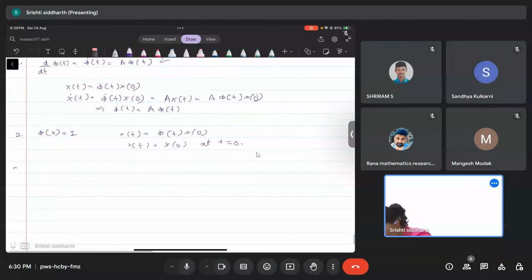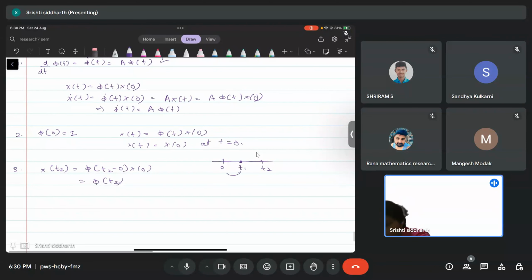Okay, and then we have the third point. We need x at, for example, some time t2. So we are at, for example, 0, t1 and t2. If we start from 0, then we have this state transition matrix. But we can also begin our solutions from t1, right?